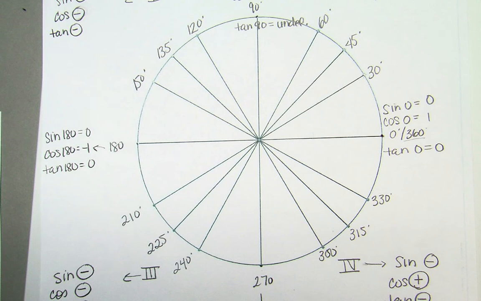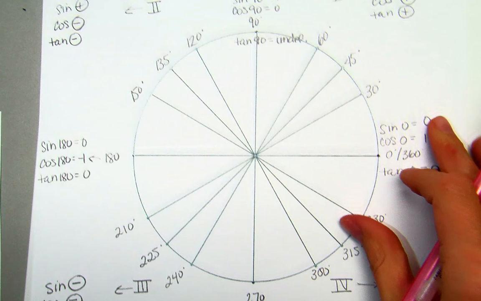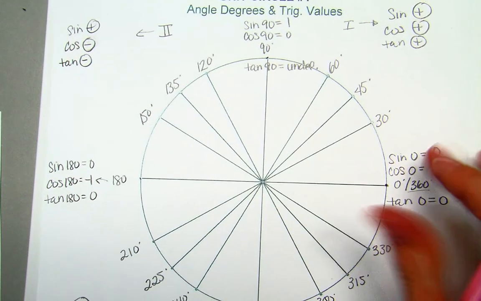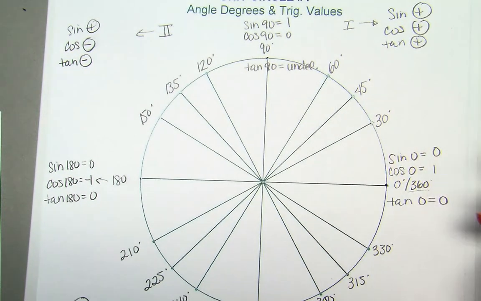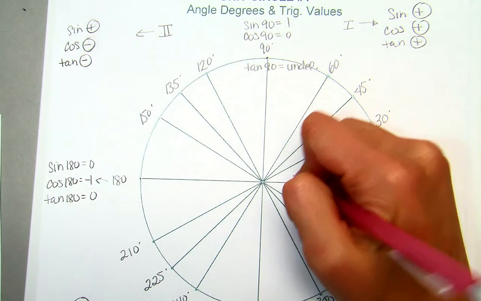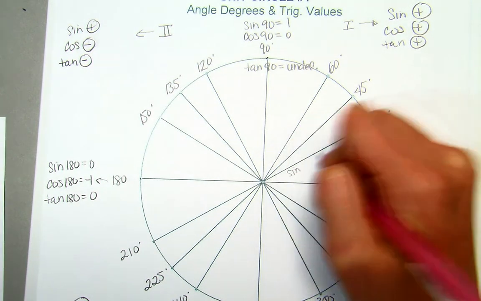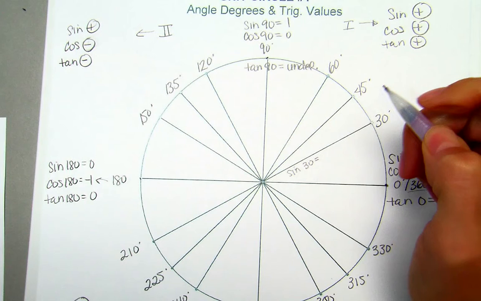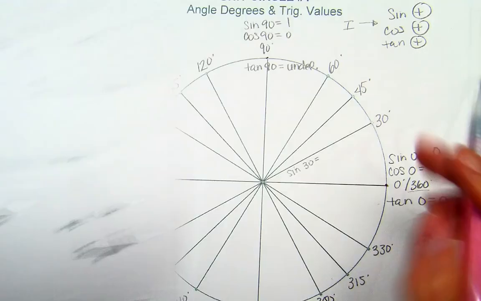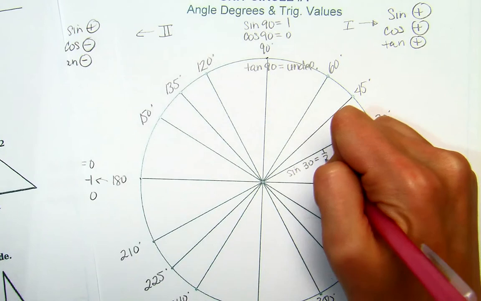Okay? So continuing on, since we know quadrant 1, we actually know the sine, cosine, and tangent functions of these already. So let's fill those in. We know that the sine of 30 is equal to, so we're going to look back at our sheet, 1/2.